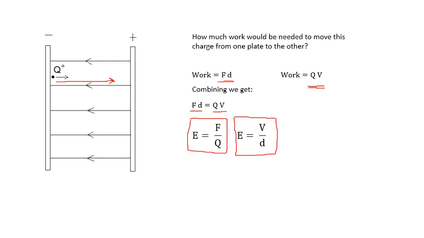It tells us that electric field strength can be measured in newtons per coulomb, and it can also be measured in volts per meter. So you can use either of those. It depends on the question really, but technically you can use either. A newton per coulomb is equivalent to a volt per meter.